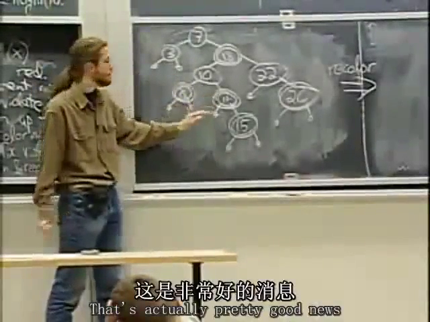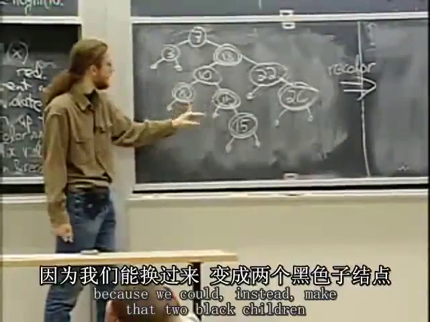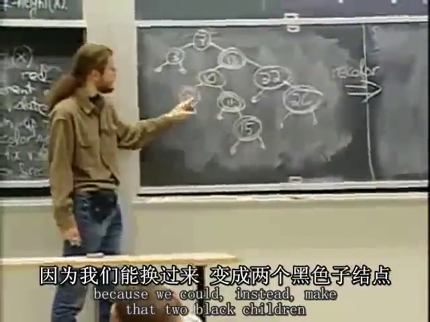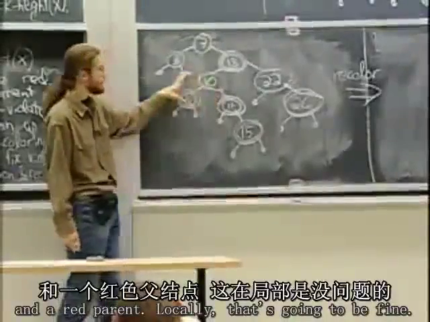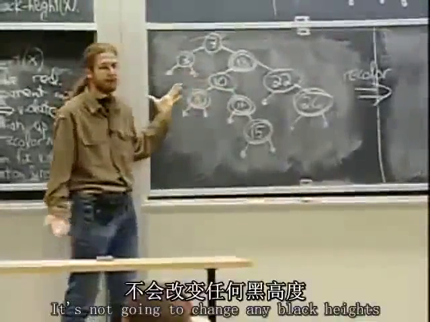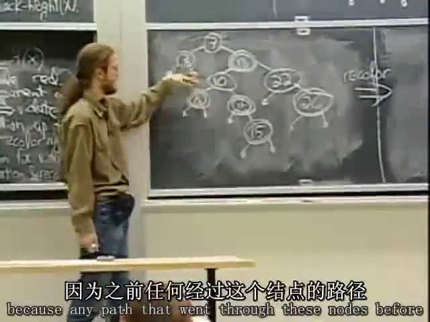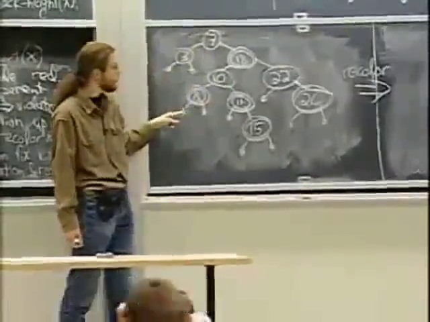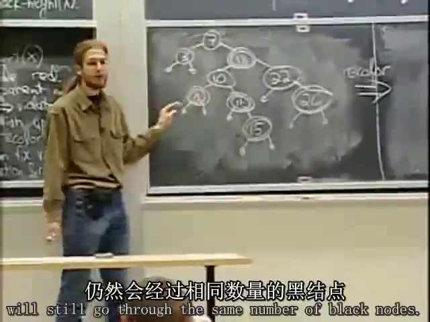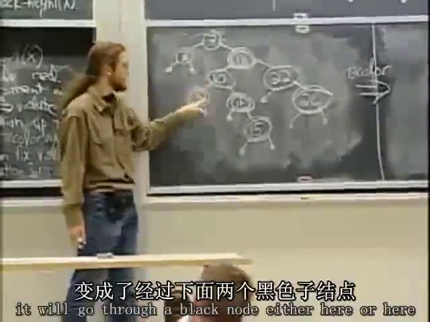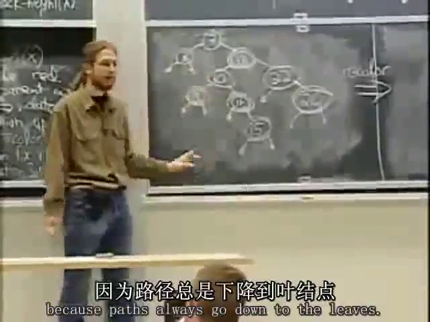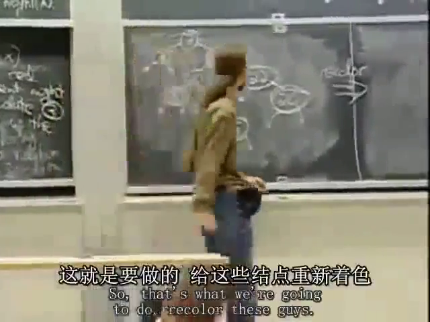That's actually pretty good news, because we could instead make that 2 black children and a red parent. Okay, locally that's going to be fine. It's not going to change any black heights, because any path that went through these nodes before will still go through the same number of black nodes. Instead of going through a black node always here, it will go through a black node either here or here, because paths always go down to the leaves. So that's what we're going to do.